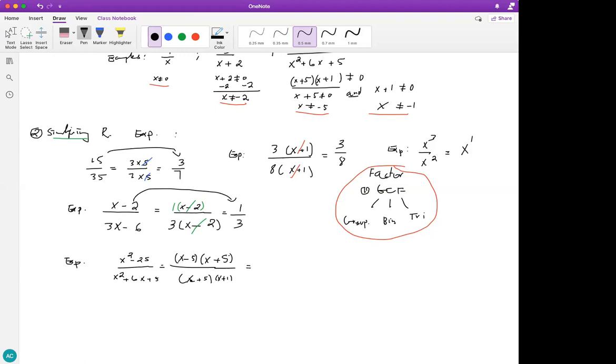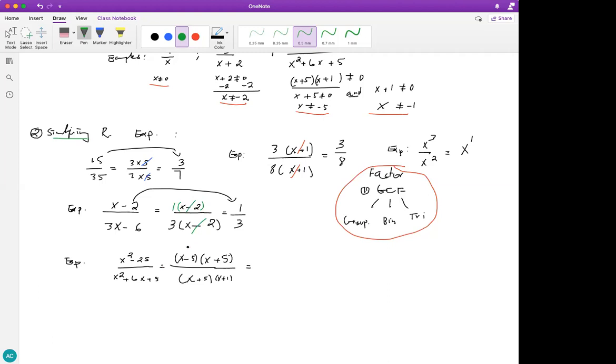All right, so we factored here and here. What do you do next? What happens next to simplify this? x plus 5. You're cutting out. I'll see if I can hear you well.